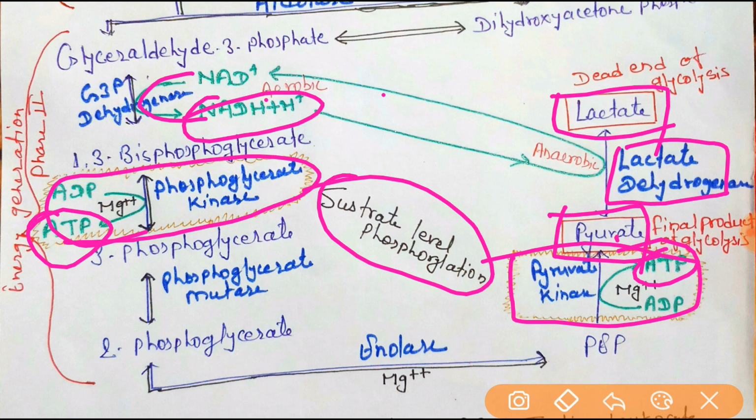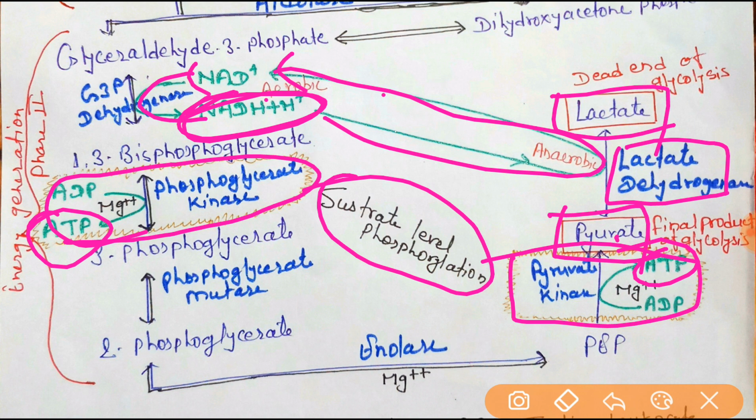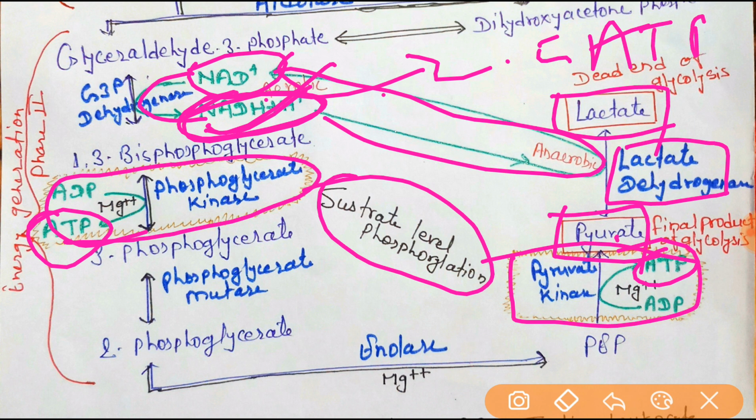In this reaction, NADH plus H plus is utilized in anaerobic condition and NAD plus is formed. So in anaerobic glycolysis, there is loss of NADH plus H plus, which would form approximately 2.5 ATP on the basis of the new concept.